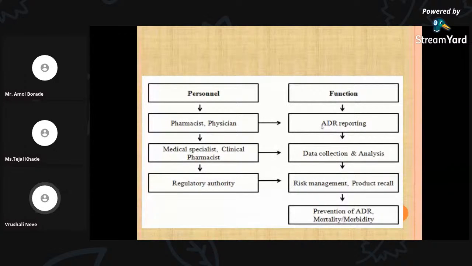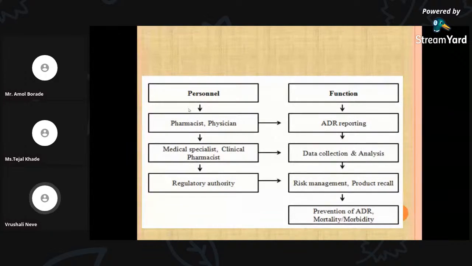So first the ADR is reported to the PV unit, then data collection and analysis of data will go on. Okay, then risk management and product recall will be there, and prevention of ADR. Mortality and morbidity rates will be decided on the basis of prevention of ADR.